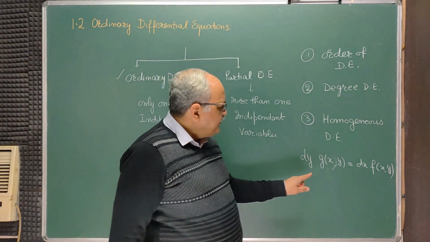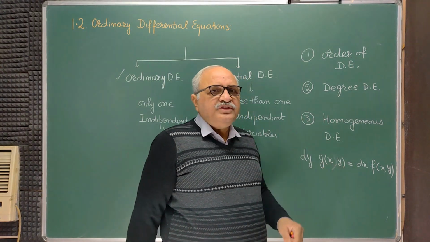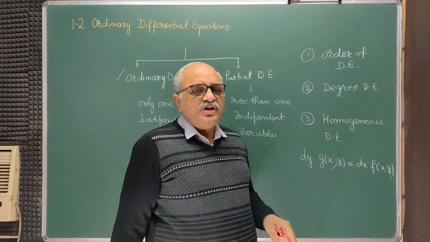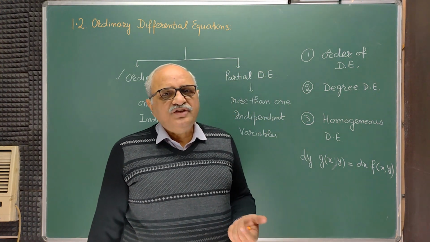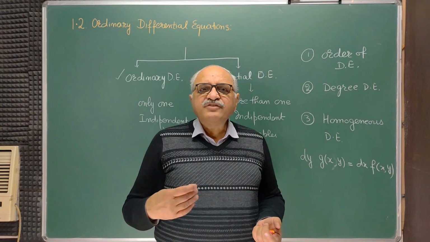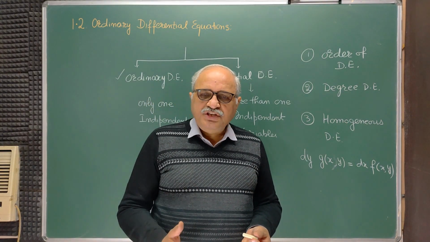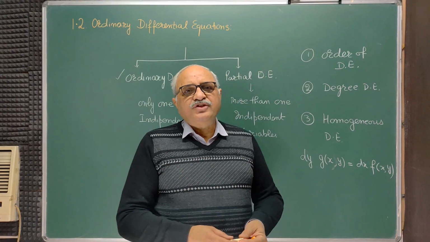If you have this function with the power 1 both sides, then such a differential equation is called homogeneous differential equation. As a first step, we'll understand how to solve the homogeneous first order differential equation.